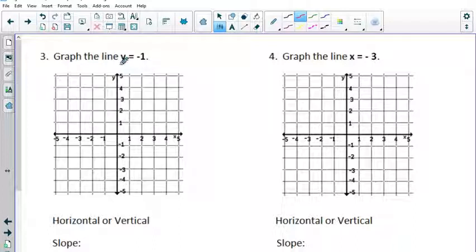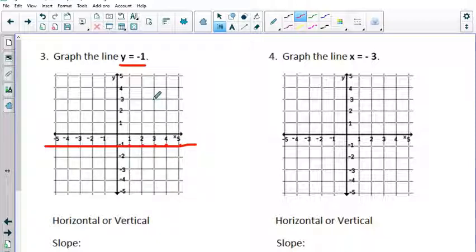So I'd like you to graph the line y equals negative 1. Notice in this equation, you're missing the x, which is the slope, and you're missing the y-intercept. Okay, so what would the equation of y equals negative 1 be? y is always negative 1. So it doesn't matter what my x value is, y is always negative 1.